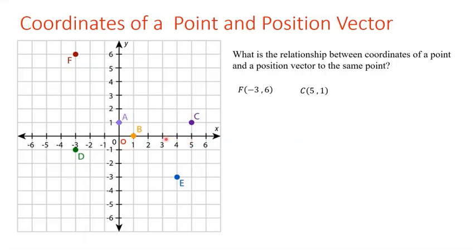And we want to look at the position vectors of these points. Our position vectors actually start at the origin of our Cartesian plane, so they are tied to the origin. So we have vector OF and vector OC. The column vector for OF is (-3, 6), and for OC it is (5, 1).